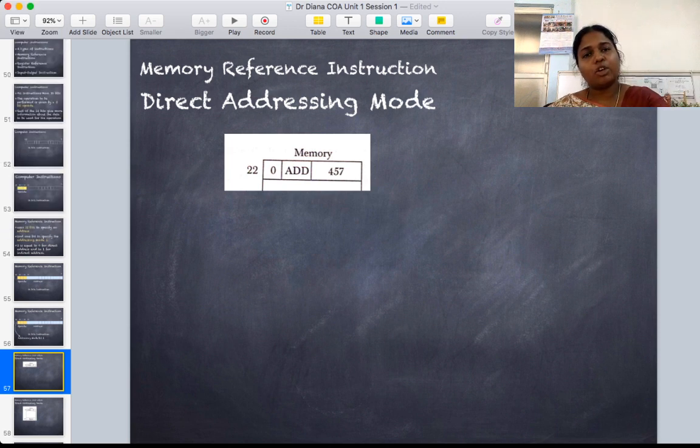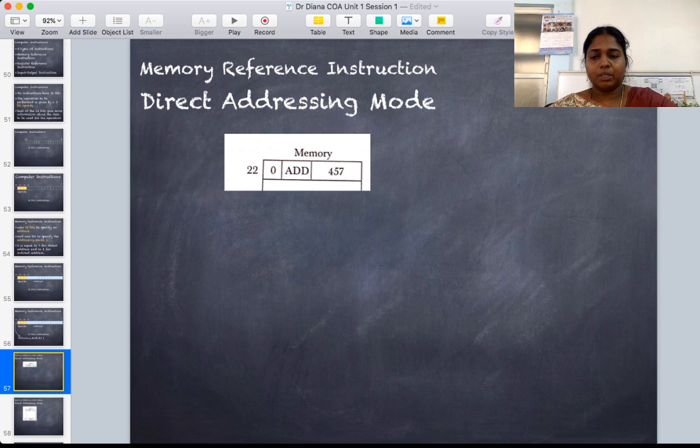Following that, bits 0 to 11 are used to indicate the address of the operand. Operand means the data that is used for the operation. So the address of the operand given here is 457. This address is 12 bits in length. If it is direct addressing mode, then the 457 given in the address portion of the instruction gives directly the location of the operand.